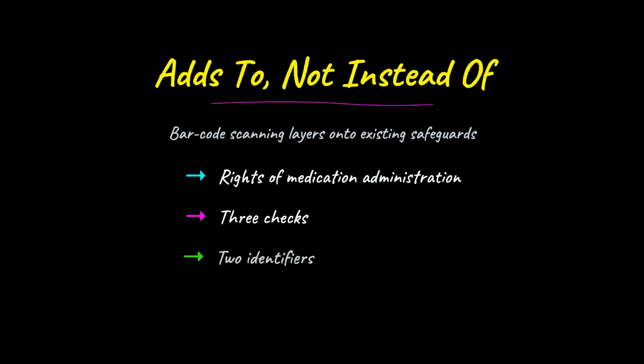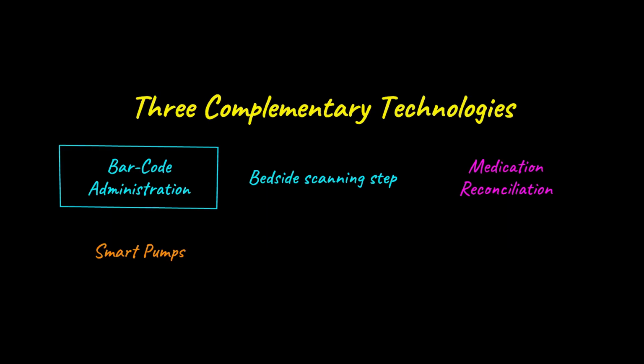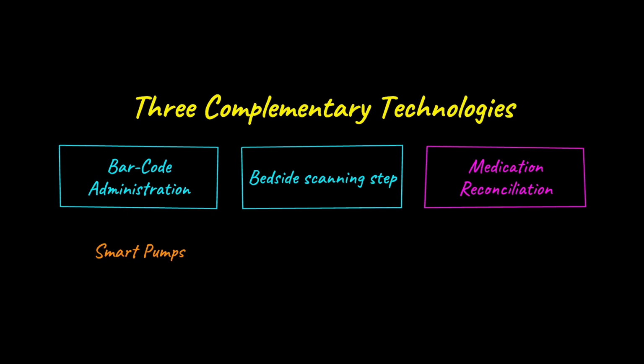The rights of administration, the 3 checks, the 2 identifiers, and clinical judgment all remain fully in place. Don't confuse this with related technologies. Medication reconciliation compares lists across care transitions, and smart pumps use drug libraries to limit infusion errors, while barcode administration is specifically the bedside scanning step, each addressing a different point of risk.